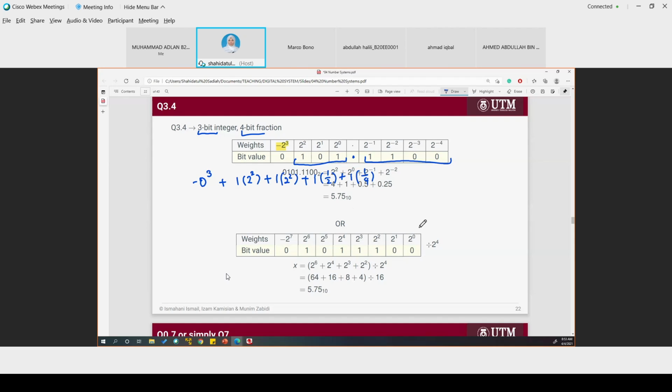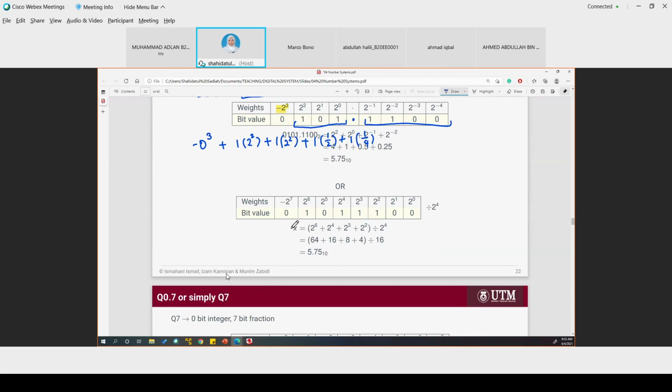Or you can count it like this, where this is a general expression for an n-bit fixed-point 2's complement number. It's not in the slide, but it's in the textbook, page 68. Let me just write it here.